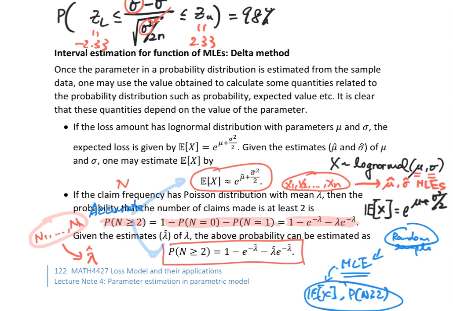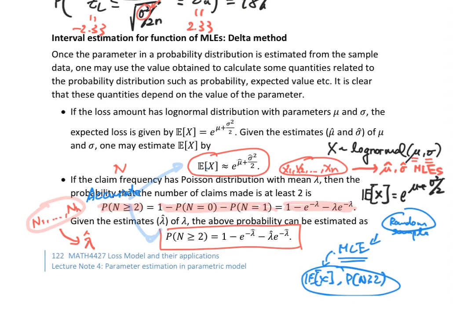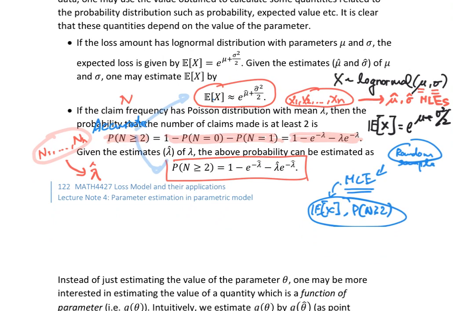So one question people will ask is, what is the error of estimation, which is the mean square error of this estimator.